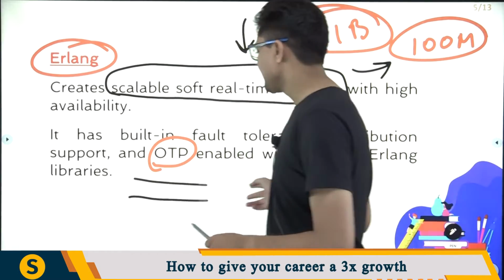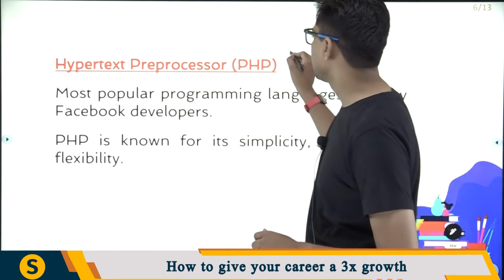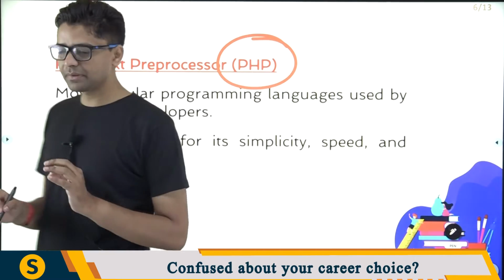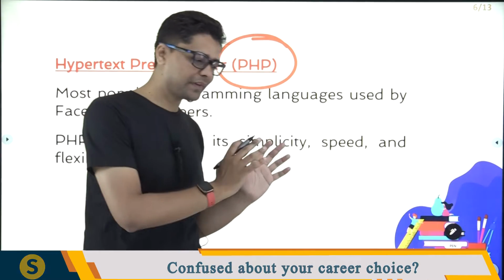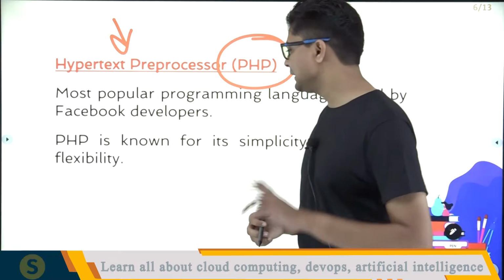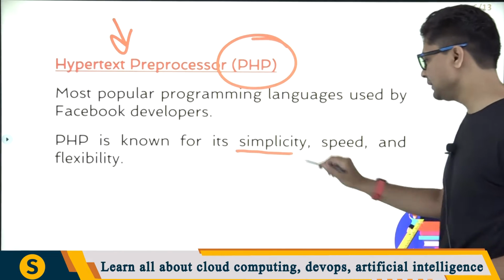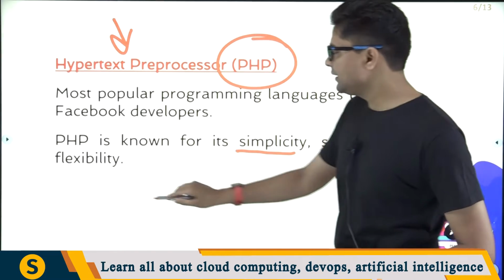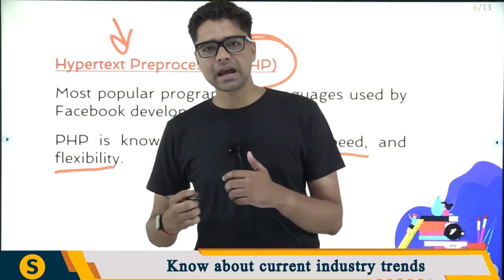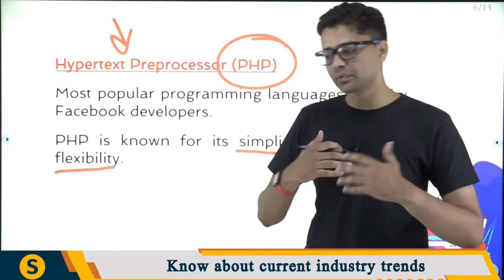The next language which we are going to focus on is PHP. I started with this language for a very simple reason, because whenever I searched how Facebook was built, PHP was the answer. It stands for Hypertext Preprocessor, and it is known for its simplicity, speed, and flexibility. From my personal experience, I found PHP quite a straightforward language.